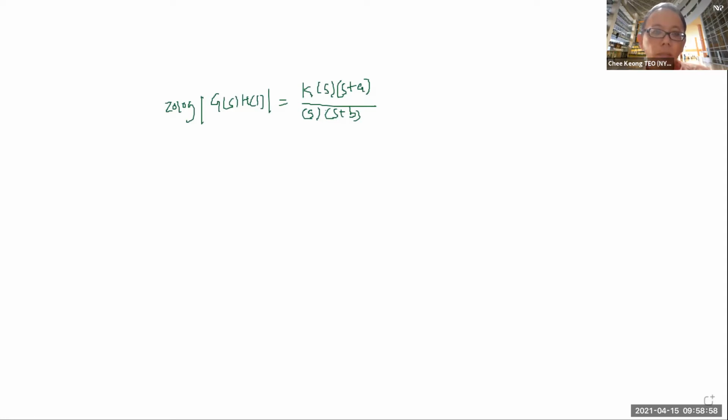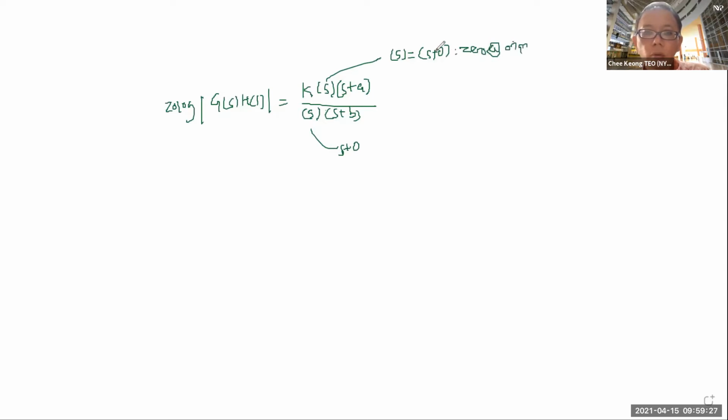Now S is actually equal to S plus 0, and that's why we call it the origin. Likewise, this case is also S plus 0. So basically these two are a zero at origin. We call it the zero at origin.